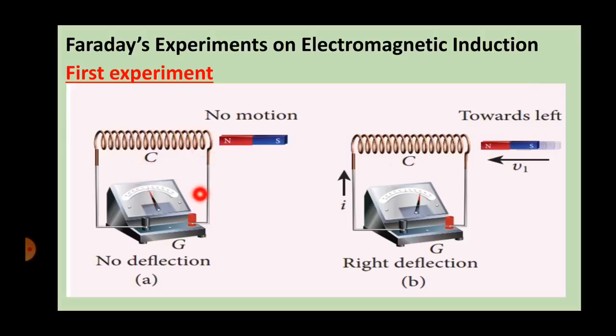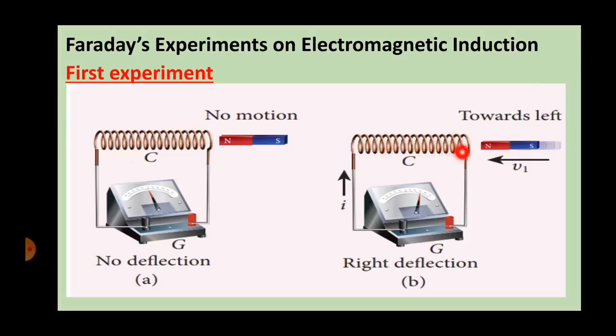Understand? Okay. Whenever there is relative motion between the coil and the bar magnet, the galvanometer shows deflection, indicating the flow of induced current. Understand? When a bar magnet is inserted into the stationary coil with the north pole facing the coil, there is a momentary deflection.